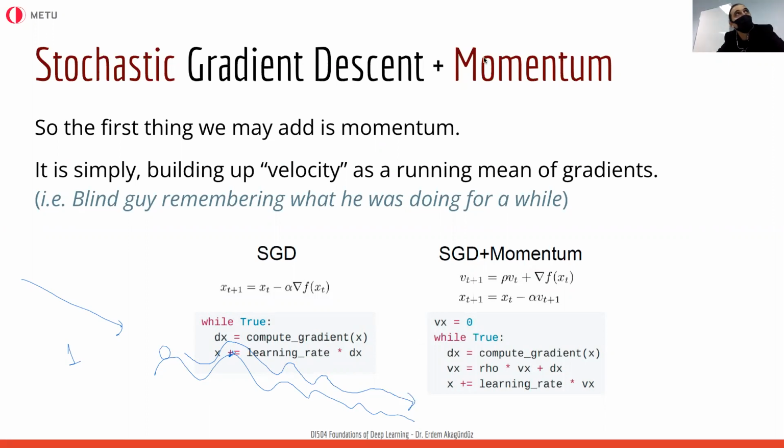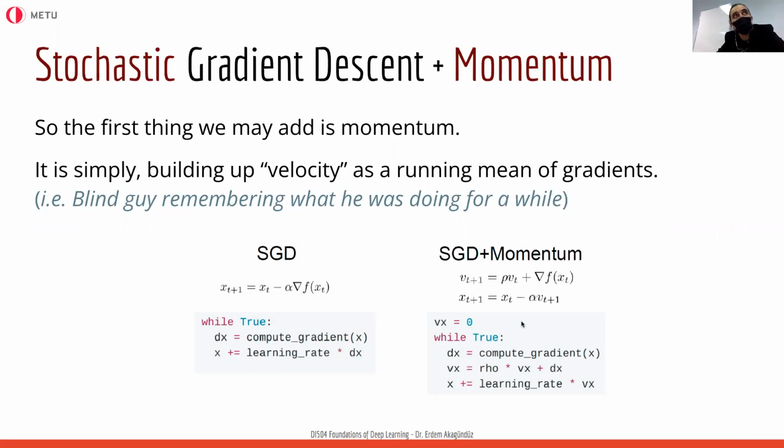It is called momentum. How to implement it? It's just simple, guys. You calculate your update rate. This is stochastic gradient descent: the new weights are equal to the old weights minus the learning rate times the derivative of the loss function with respect to the weights, x being the weights here.